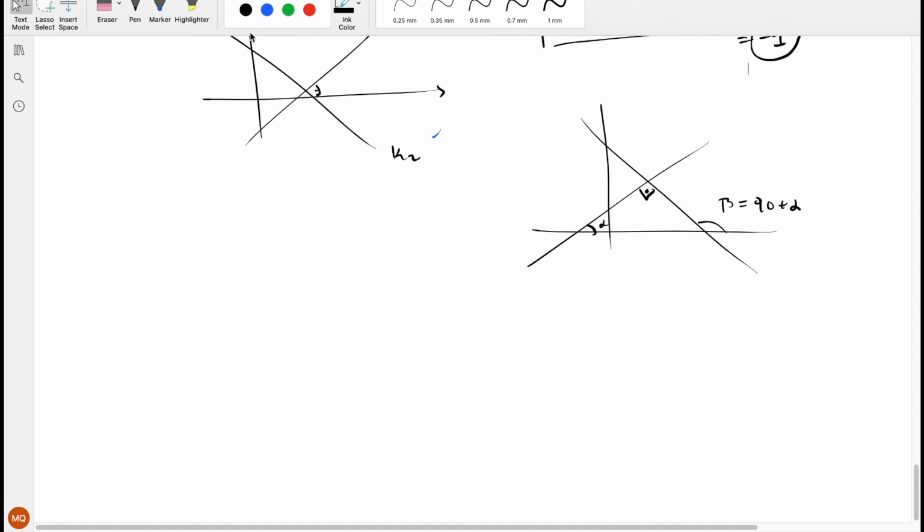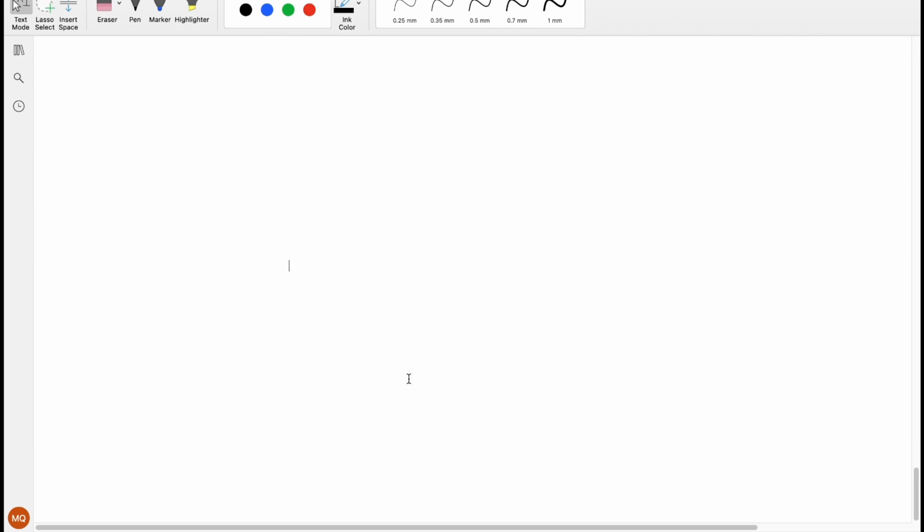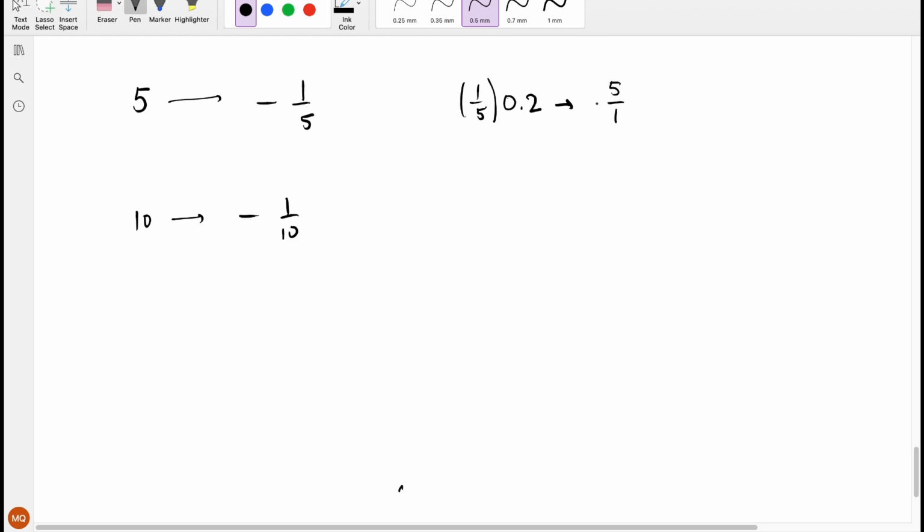Okay, now let's take an example. If the slope of the first line is 5, the second one will be negative 1 over 5. If this is, for example, 10, it will be negative 1 over 10. For 0.2, think of it first as a fraction, then reverse it and write a negative sign, so it is negative 5.